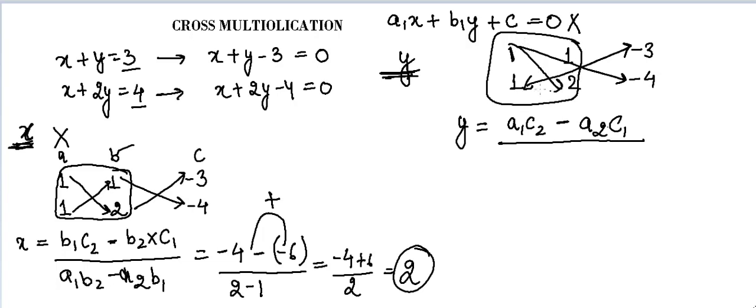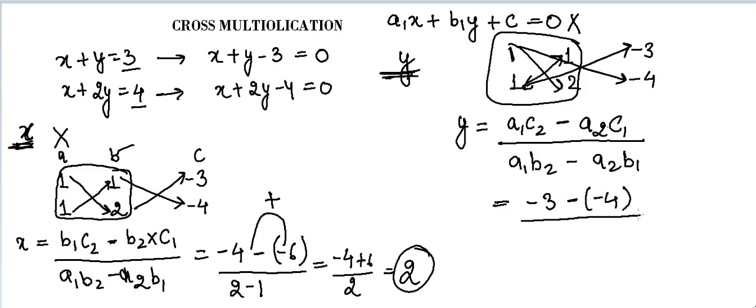You will do the cross multiplication like this, so it would be a1 b2 minus a2 b1. The denominator is the same for both x and y. You will get it as minus 3 minus minus 4, and in the denominator you will get 2 minus 1. Now you will get minus 3 plus 4, and here it is 1. So you get the answer as 1.